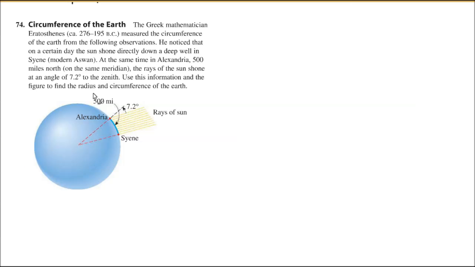This is the Earth, giant size, and there are two cities, Syene and Alexandria, and this path is directly toward the North Pole, right? So this guy measured at one point in the city Syene, the sun rays coming in directly above. Maybe you can put a long stick and see that the shade of the stick is almost none because it's right above.